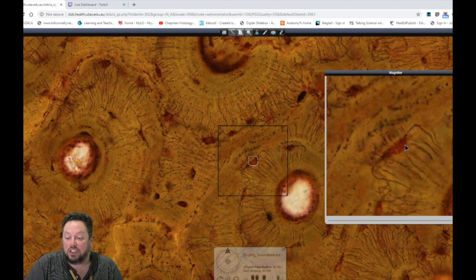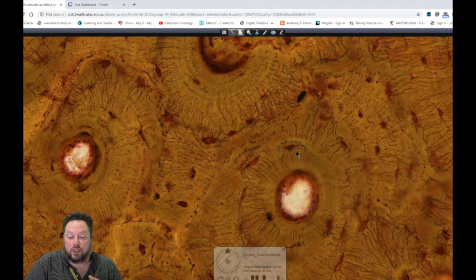So the cell would exist within this lacuna here, and then these little canaliculi, the cell membranes, would run within there. So the little cytoplasmic extensions would exist within these canaliculi. But we generally refer to this space as the lacuna, and we expect that the osteocyte would fill that space. So I'm hoping that's what you were referring to when you're asking about the cell boundaries there.